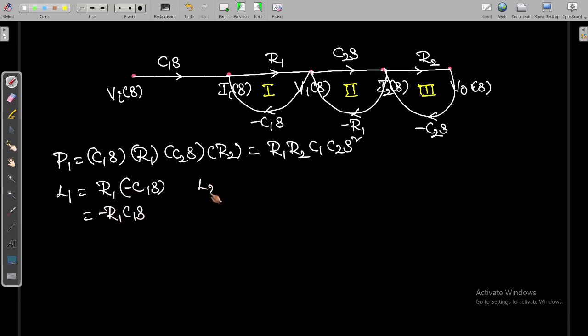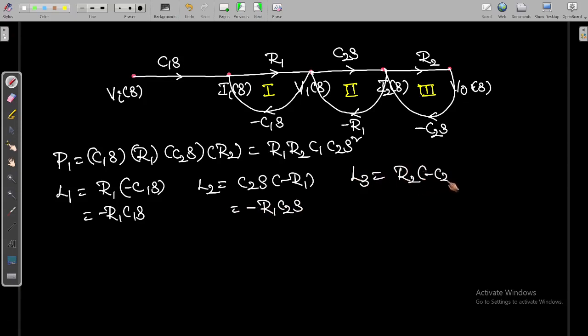Next L2 is equal to C2s into minus R1, that is equal to minus R1 C2s. Next L3 will be R2 into minus C2s, that is equal to minus R2 C2 s. So L1, L2 and L3.